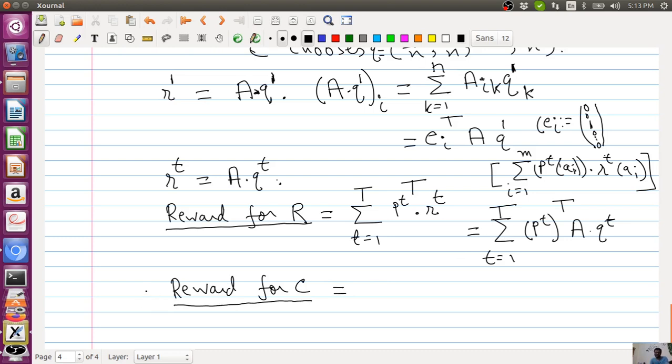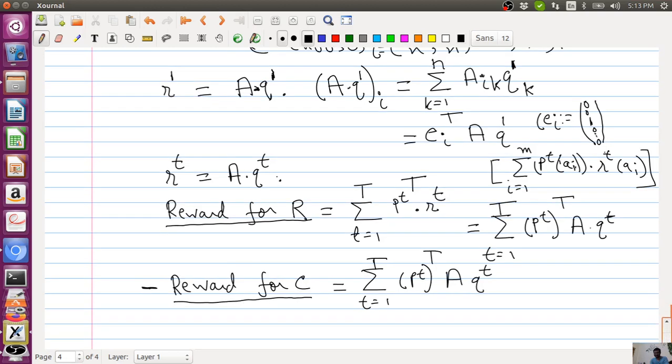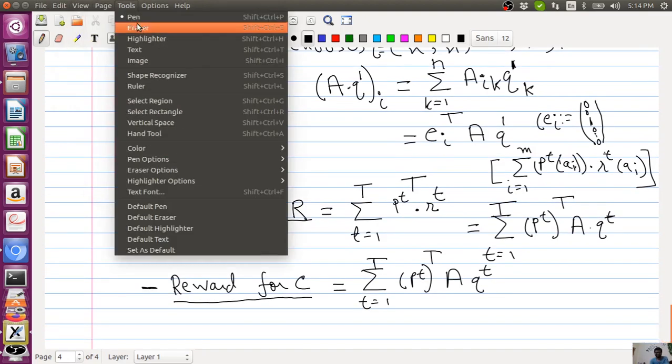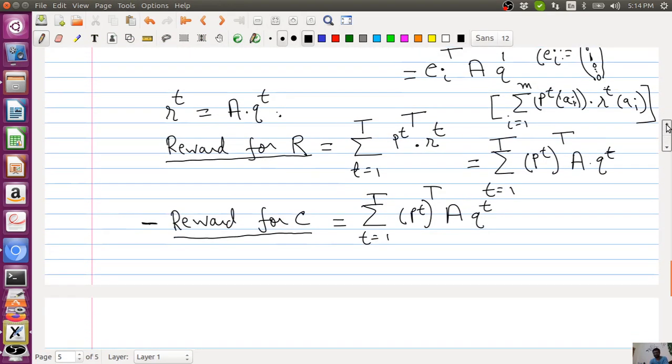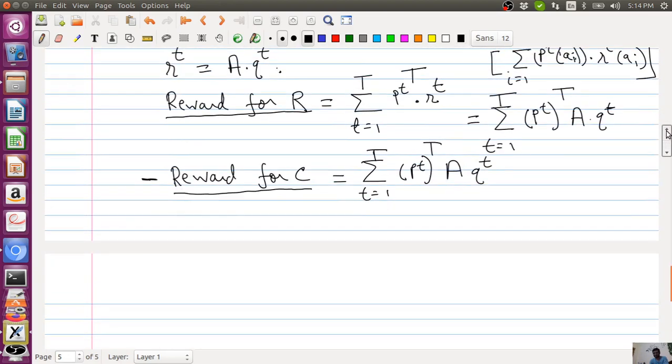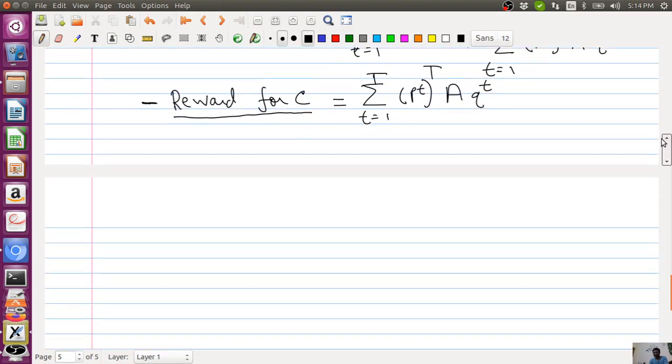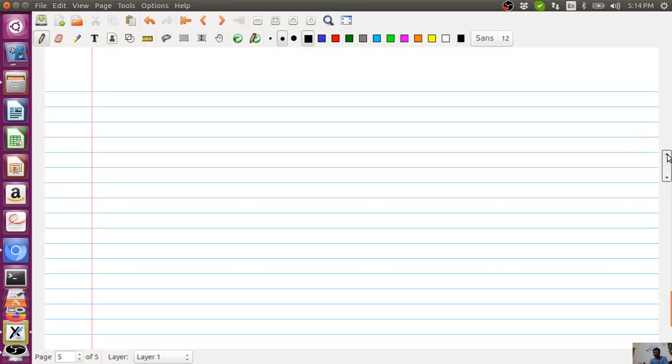So let's say we'll only track the negative reward of C. So this is exactly equal to this. Okay, so we have the expression for the rewards of the two players collected through this algorithm.